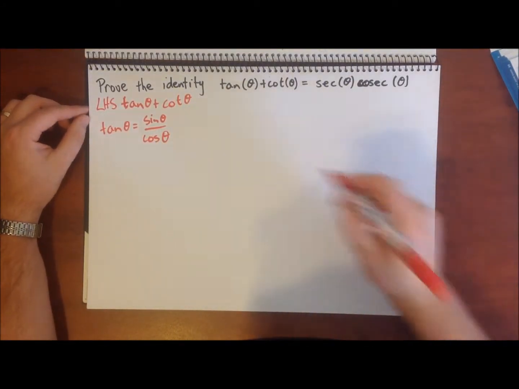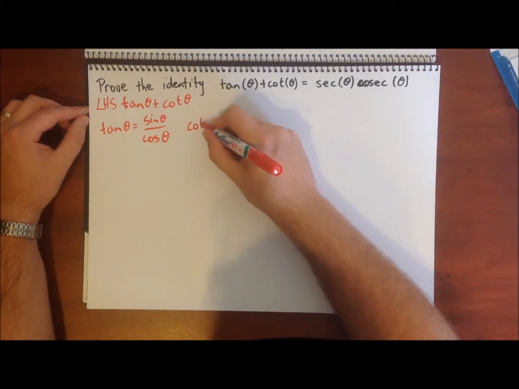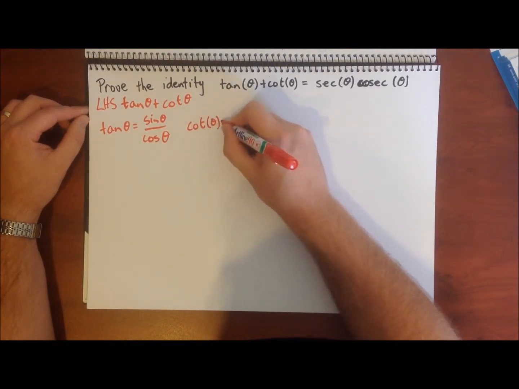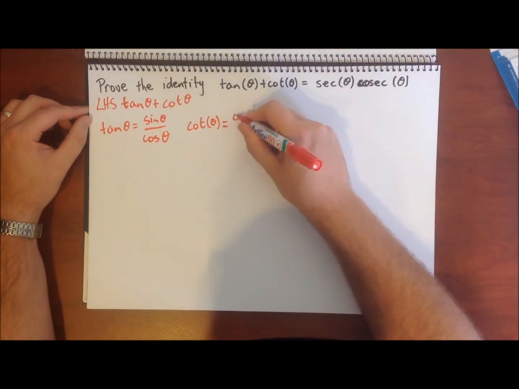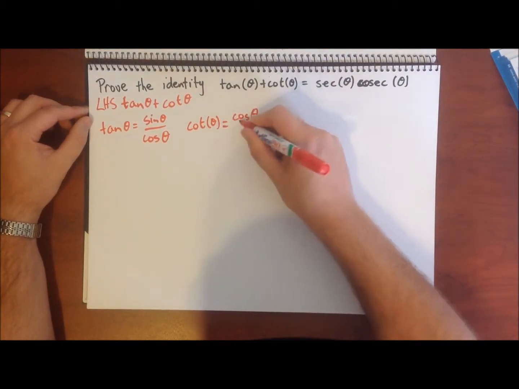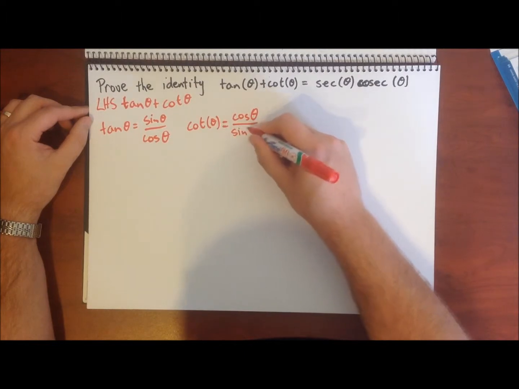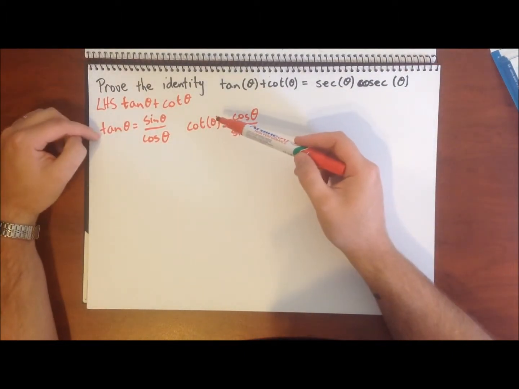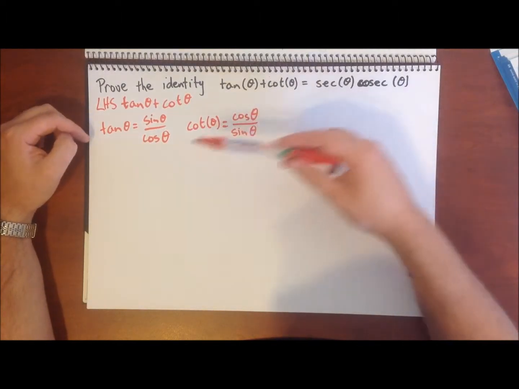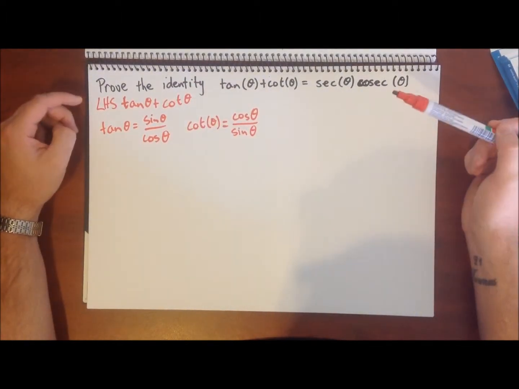And we also know that cot of theta is equal to cos of theta over sine of theta. That's purely because cot is by definition 1 on tan, so we can actually just flip these over.